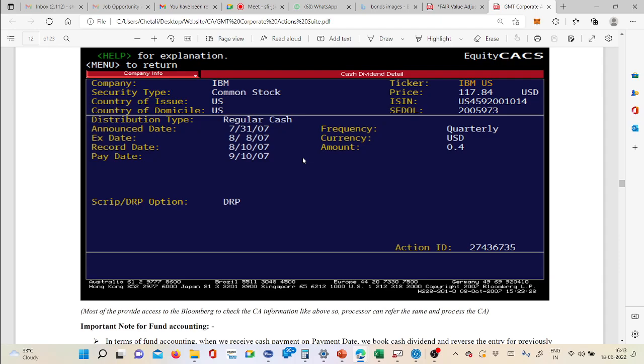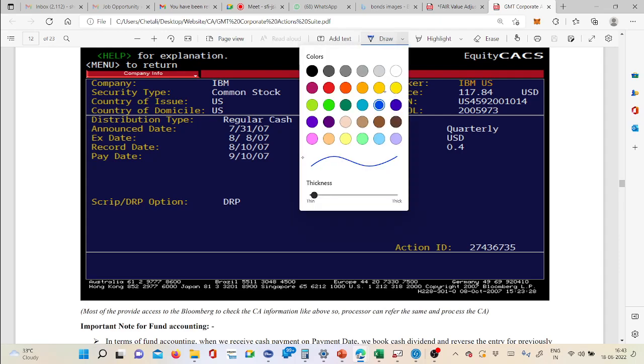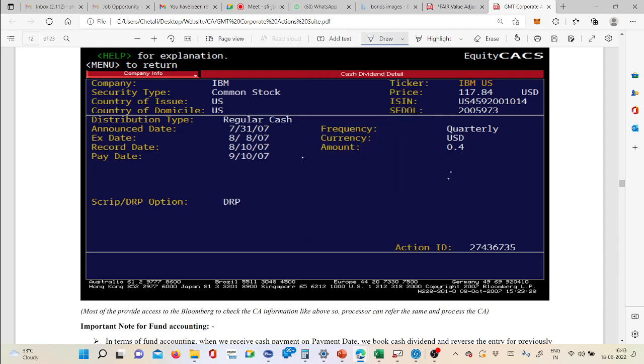So on a custodian statement, let's say the amount is 0.3. So which is the possibility of net rate, right? And this is a gross.